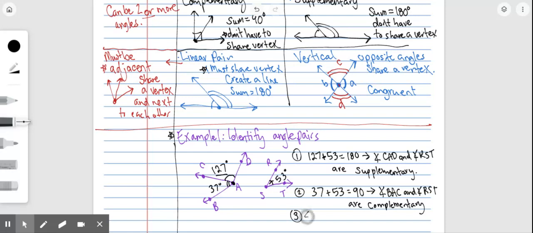So since angle BAC and angle DAC share the ray AC and vertex A, they're adjacent. Okay. So those are three things that we found out from that diagram.